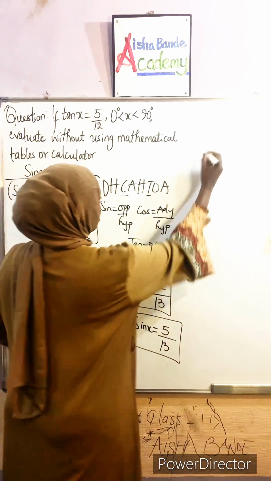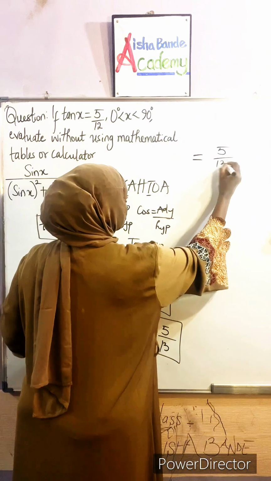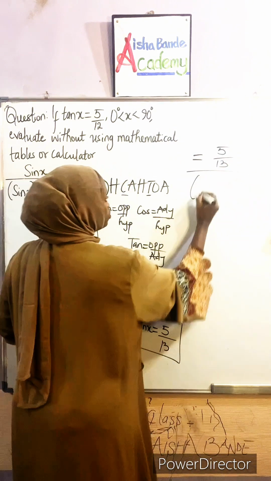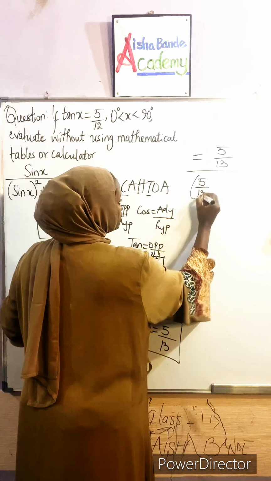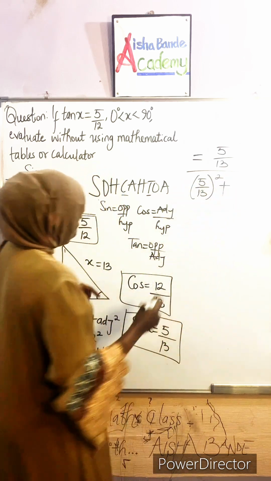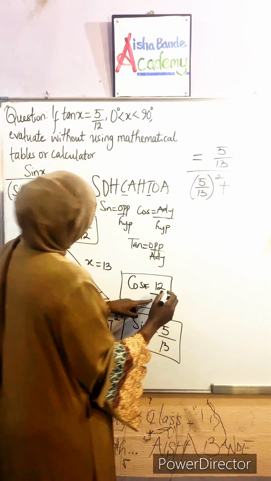Sin x here is going to be 5 over 13, all over sin x raised to power 2, which is going to be 5 over 13 all raised to the power of 2, plus cos x. We have the value of cos x here, which is 12 over 13.